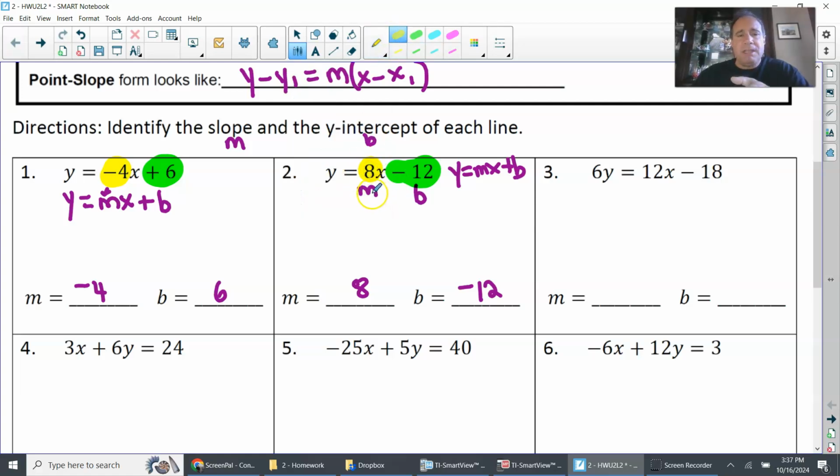So the slope here is 8, and it's a +8. You can't put -8, but the y-intercept is negative 12. Because that minus 12, that's a negative 12.